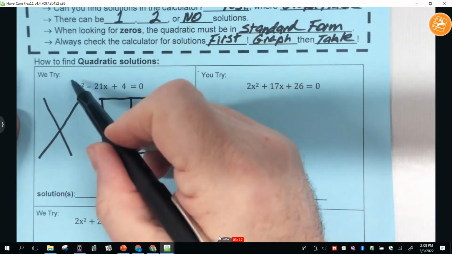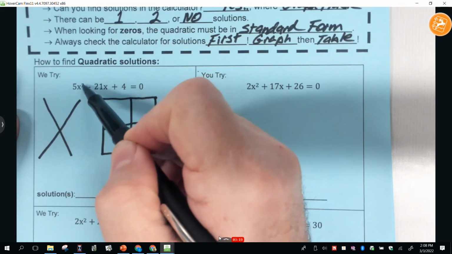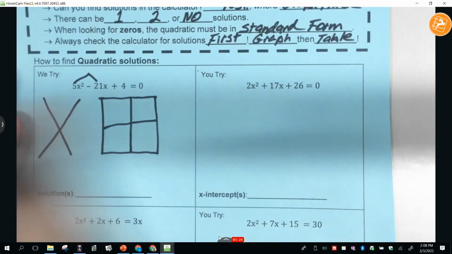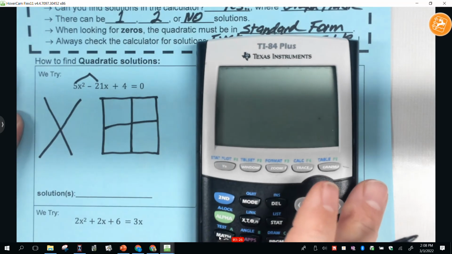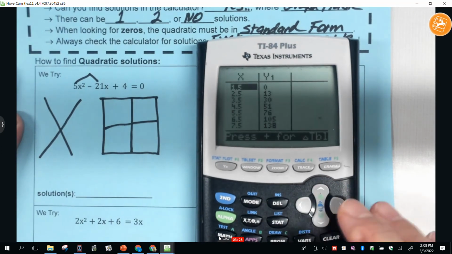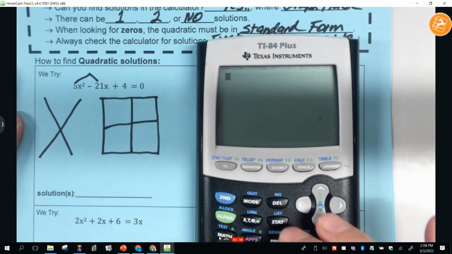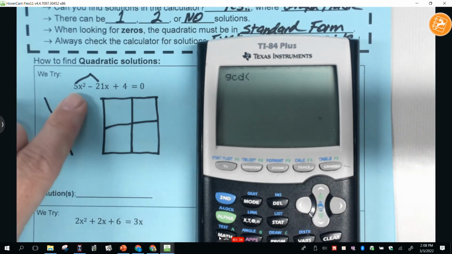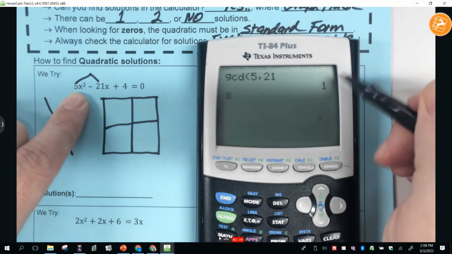Looking at this, the GCF of 5 and 21: if I use my calculator for that, I'm going to go math, num, 9, and type in 5, 21, and that gives me 1.